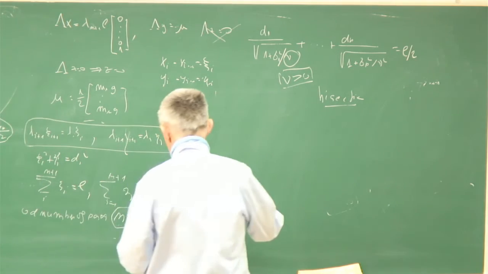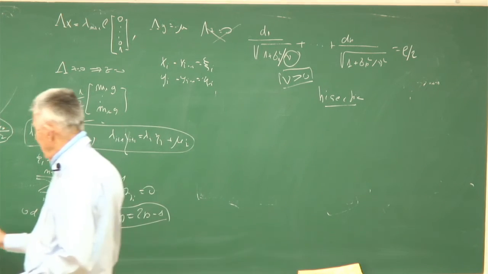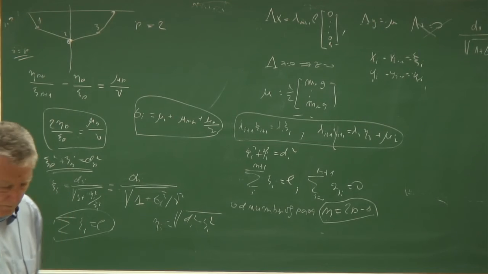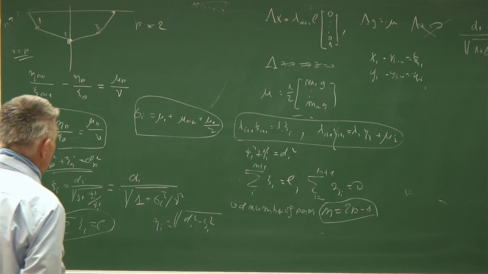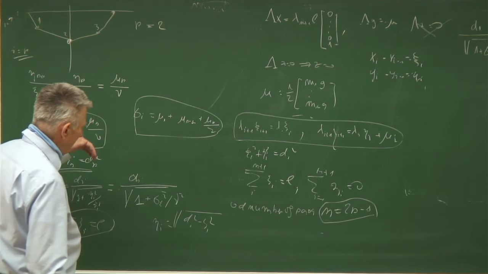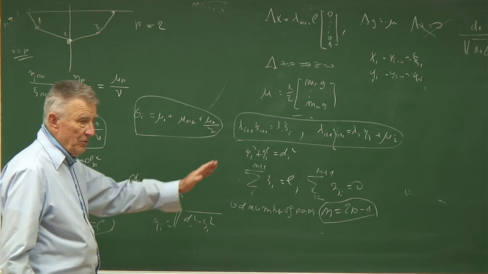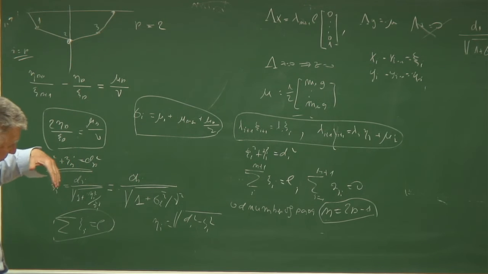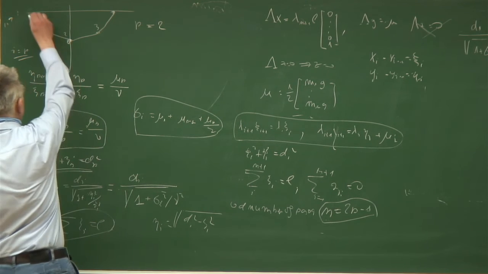getting now psi I and eta I is trivial. Eta I will be positive from 1 to p and negative from p to n. But it's sufficient to compute only this part.